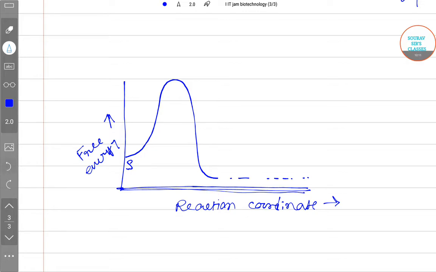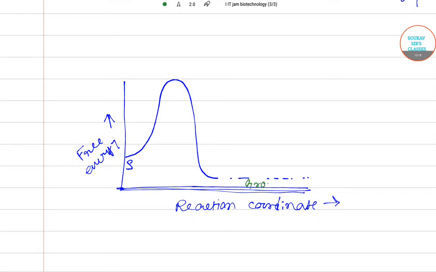Let me use another color. This is the ground state, and here this is also the ground state. Now see, there is a change in the reaction coordinate with the free energy increase.